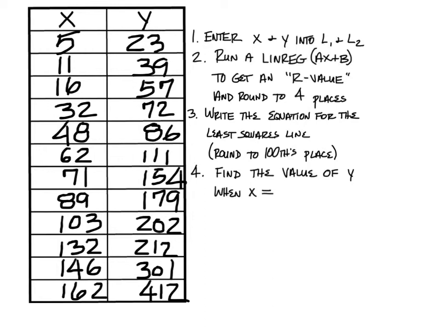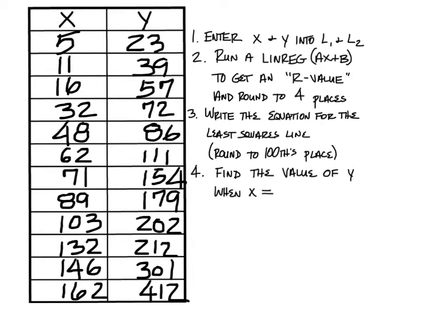The next thing you have to do is run a linear regression, so hit second mode to get out of the stat. And you guys are using the new TI-84s, so when you do stat, right arrow to calc, and choose linreg AX plus B, it's not going to look like this on your screen. You're going to have menu options.